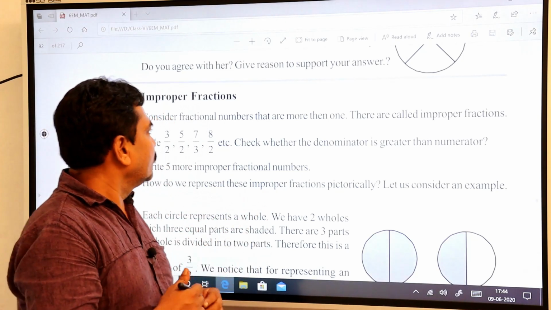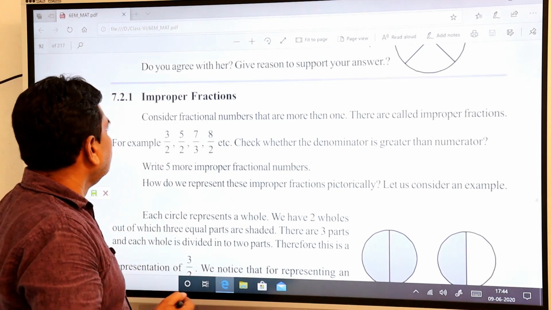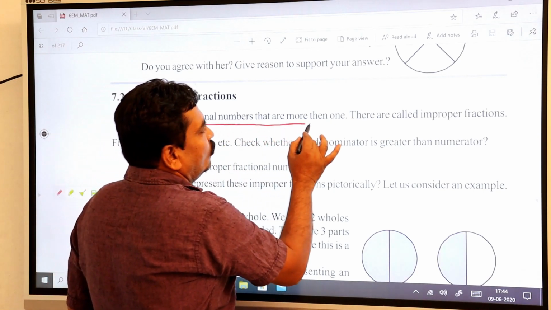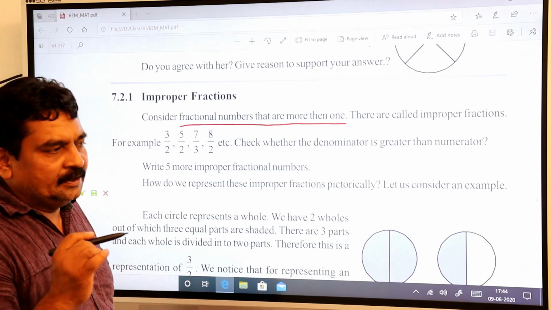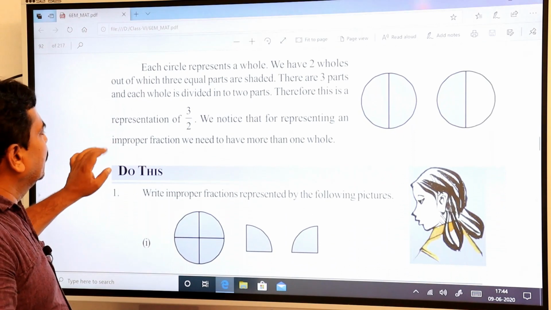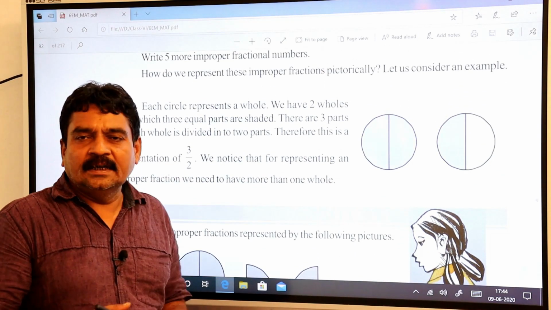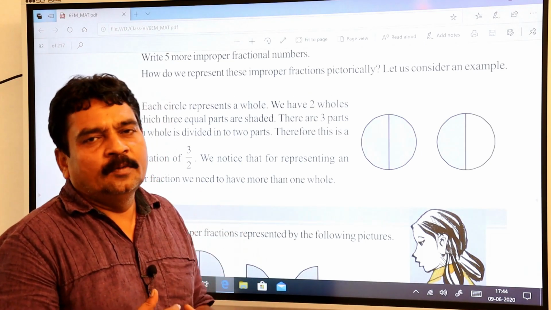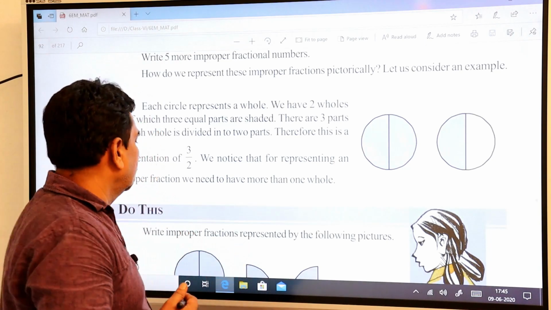Here in your textbook, improper fractions are given. Fractional numbers that are more than 1 are called improper fractions. When a numerator is more than the denominator, such a fraction is called an improper fraction.